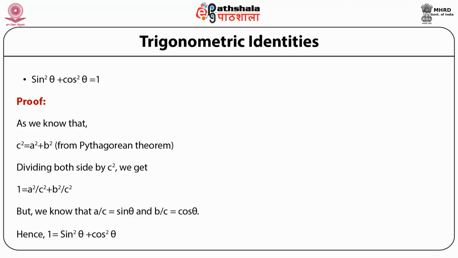It need not be less than 90, it can be more than 90, it can be anything. But for the same angle theta, the sum when you square the sine and the cos of the angle will always be 1.